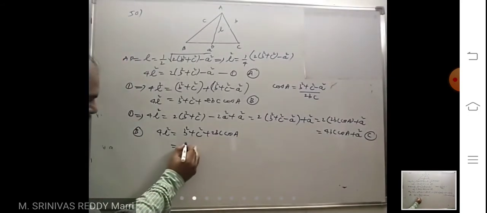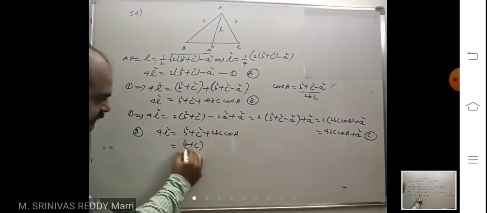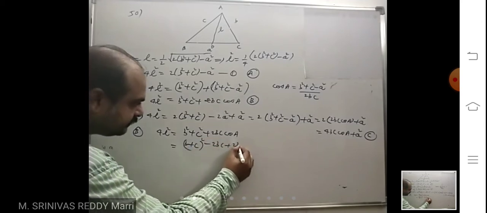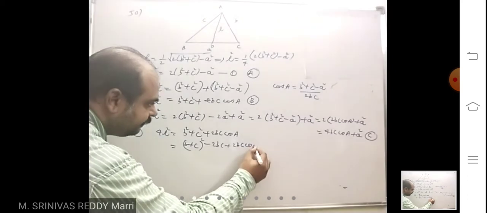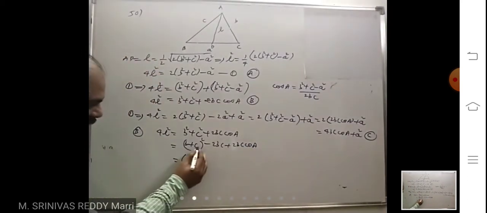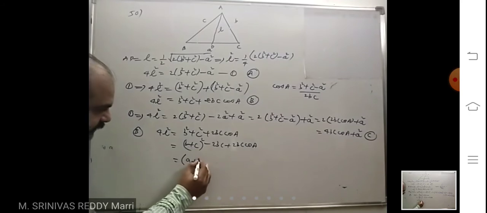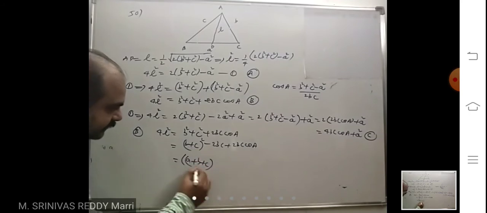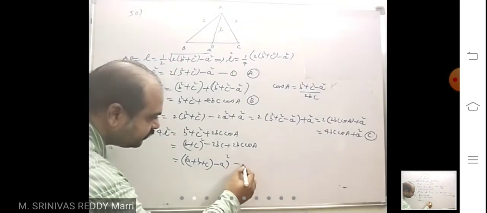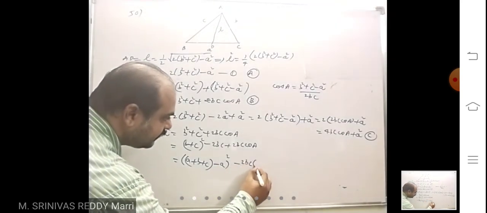So I am writing b plus c whole square minus 2bc plus 2bc cos A. Right? So this is nothing but, I am writing b plus c as a plus b plus c minus a, whole square. From these two I am taking minus 2bc common.